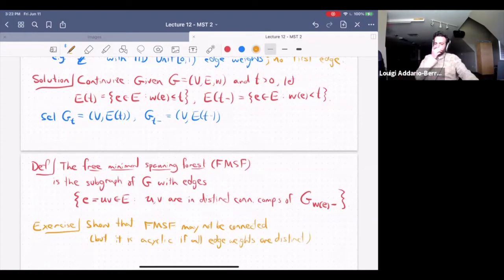We'll be defining a second notion of minimum spanning forest in a second. This exercise gives a bit of justification for the fact that I'm calling the outcome a forest and not a tree.